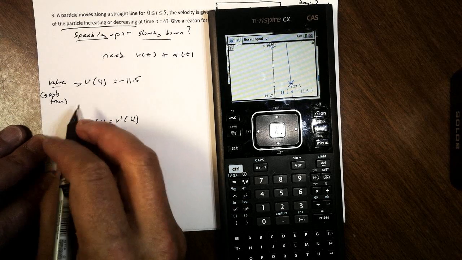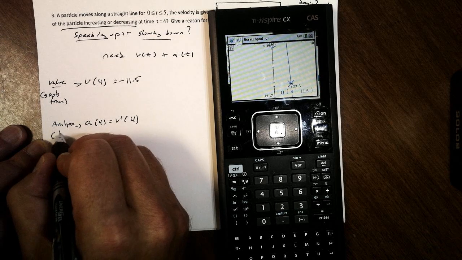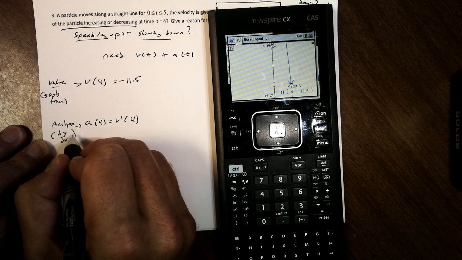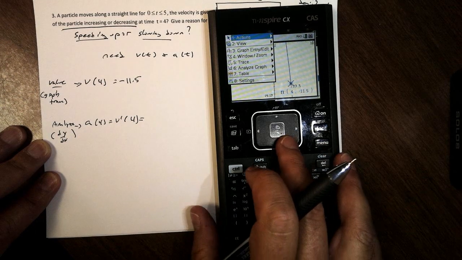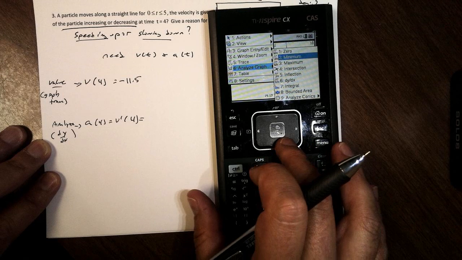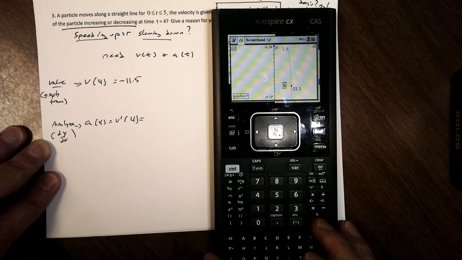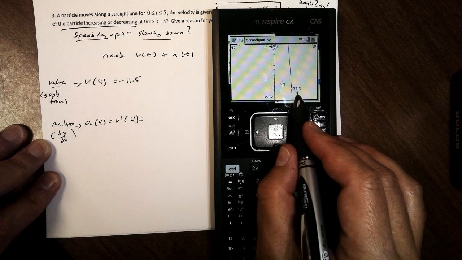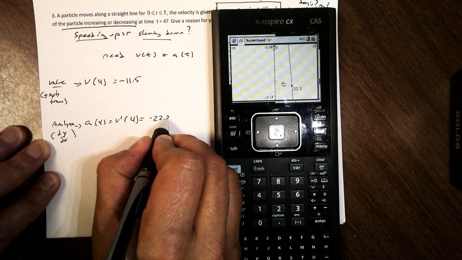This is our analyze graph, and you're looking at that dy dx feature. So menu, analyze, dy dx, press 4, press enter, and I get negative, be careful, negative 22.3.